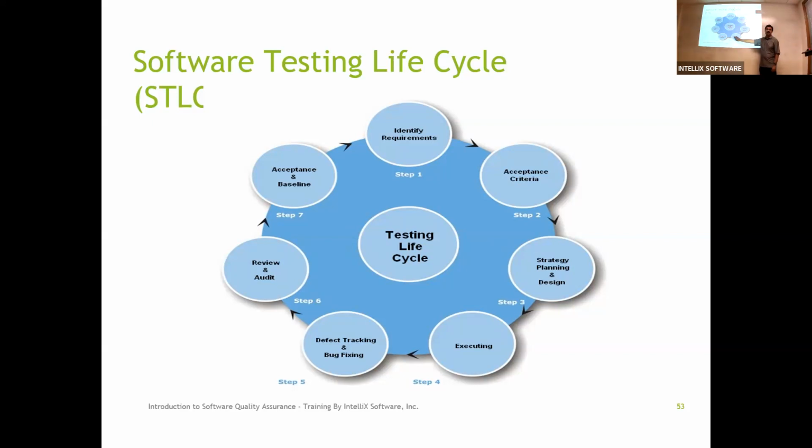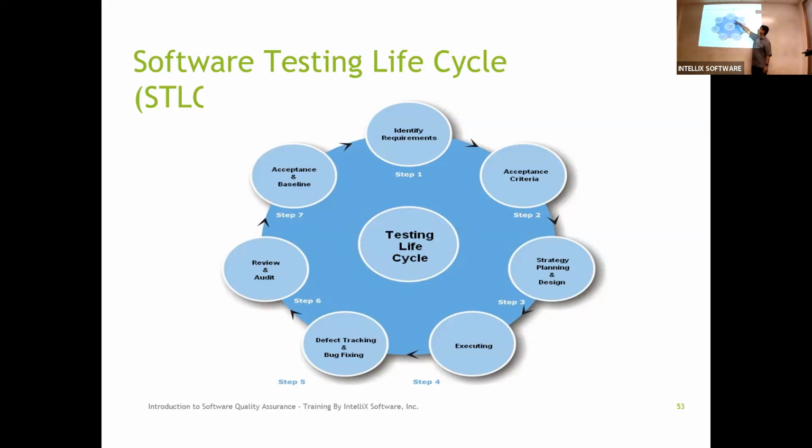Then the execution is, I'm going to follow those step-by-step recipes and make that. While I'm making it, some spices may not be right, so I'm checking it and adjusting it. And then finally I'm testing it and asking, is it ready? If it's ready, I'm going to accept it. It means my meal is done.